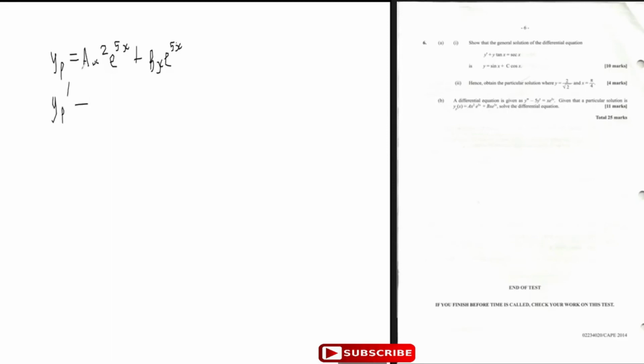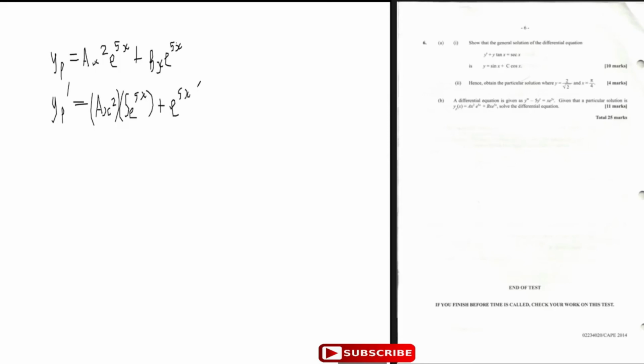That's going to be equal to, we have to use product rule. Using product rule, we keep the first, which is ax squared, times the derivative of the second. The derivative of e to the 5x is 5e to the 5x, plus keep the second, e to the 5x, times the derivative of the first.